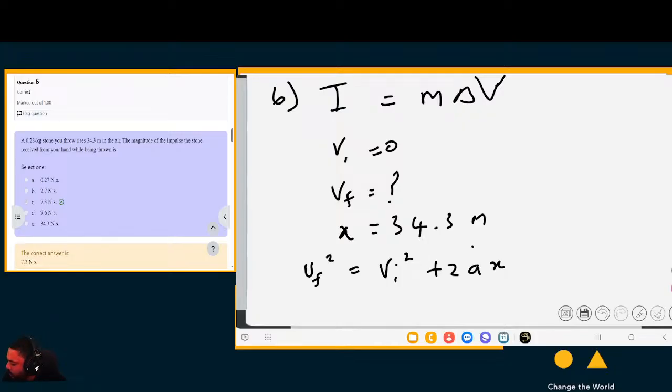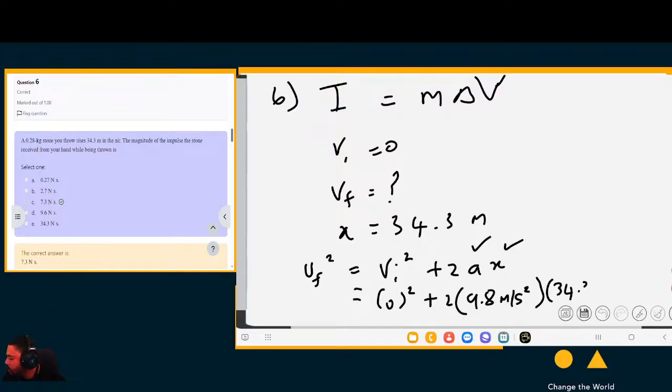We have the acceleration, it's 9.8. We have the distance, it's 34.3 meters. We have the initial velocity, it's 0. So let's plug it in. That is 0 squared plus 2 times 9.8 meters per second squared times the distance of 34.3 meters.